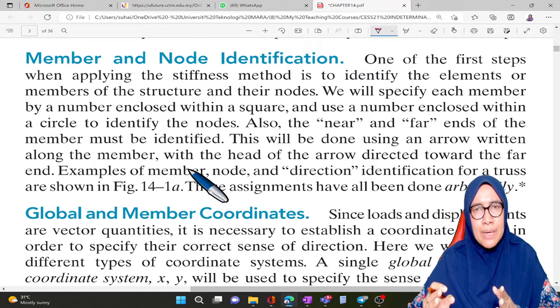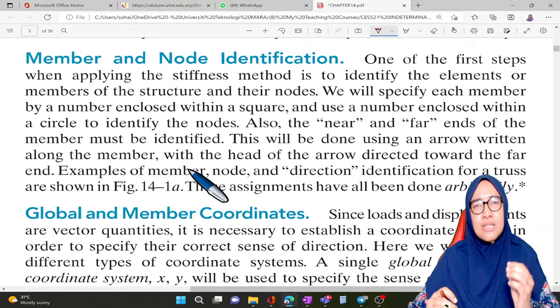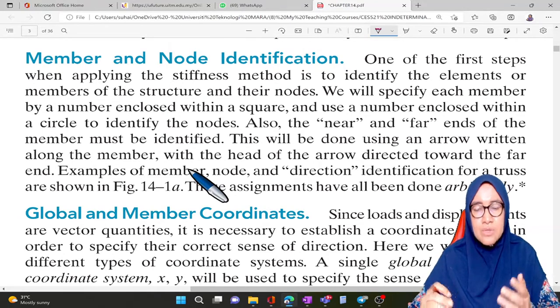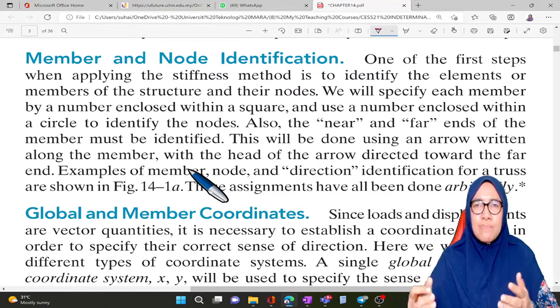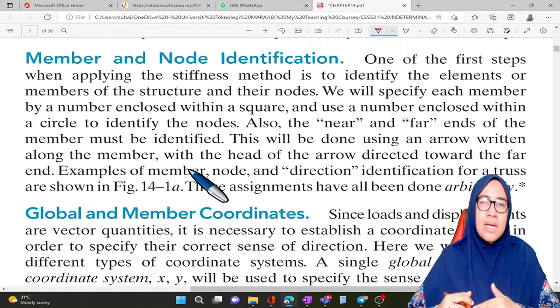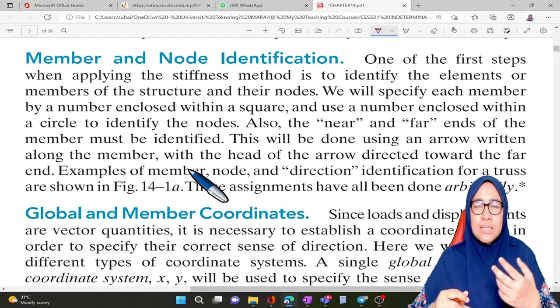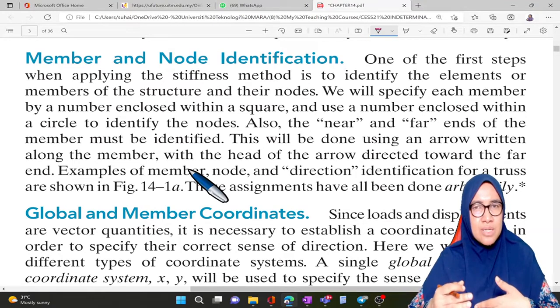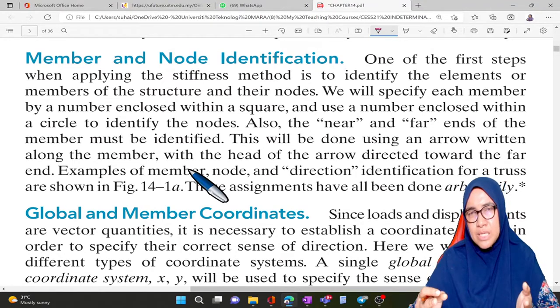And always remember, the stiffness method is the theory behind software. Whatever procedure we use here is exactly the procedure that the computer does. Whenever we ask the computer to calculate the reaction or the displacement, that is the procedure.